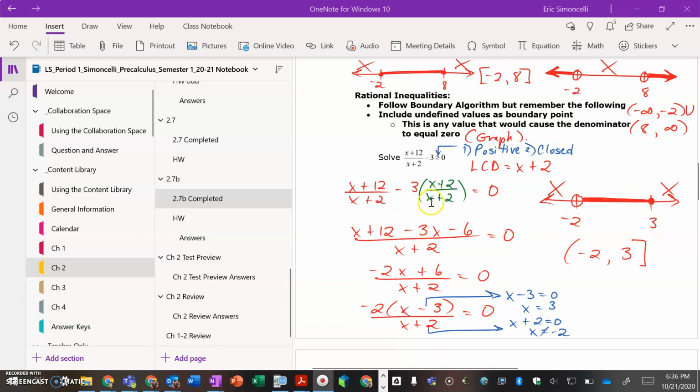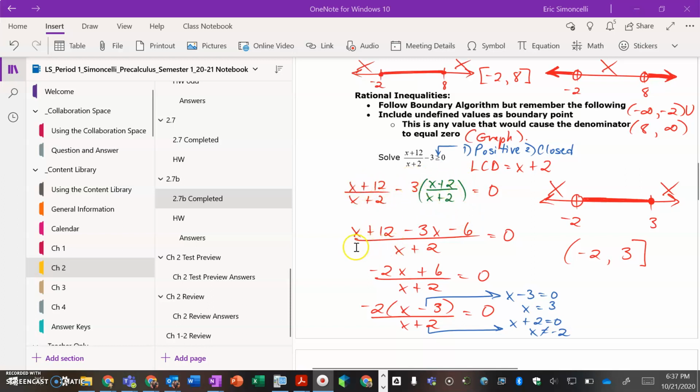So the process that I went about here, if you recall from polynomial inequalities, we changed the problem to an equal sign. So this actually looks more like the problem we did with no solution a moment ago. I got a common denominator here of x plus 2, which you can hopefully see now that I've multiplied minus 3 by x plus 2 over x plus 2. We'll be able to then subtract the numerators.